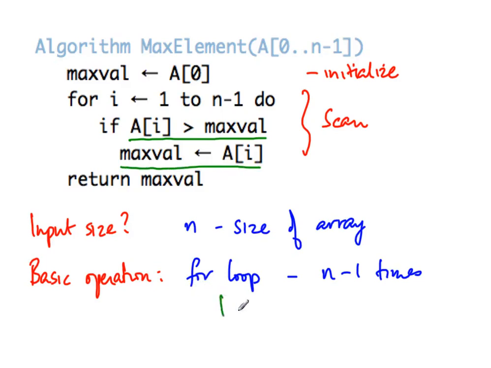So we have one or two basic operations per iteration. Now this one or two is a bit annoying, but as we have seen, in asymptotic complexity, we are not particularly concerned about factors of 1 or 2. So we can just take this as one basic operation per iteration and we'll be fine.